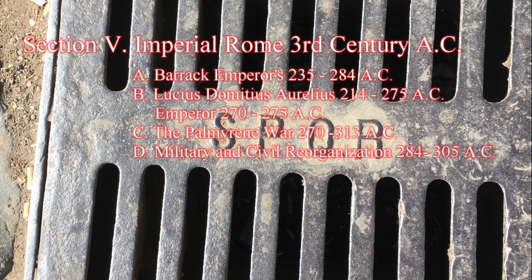And then the next chapter is Lucius Domitius Aurelianus, and he becomes like the savior of Rome because he puts it back on a stable footing. Then you have the Palmyrene Wars, and then we have military reorganization, which is done by Emperor Diocletian when he comes to power.